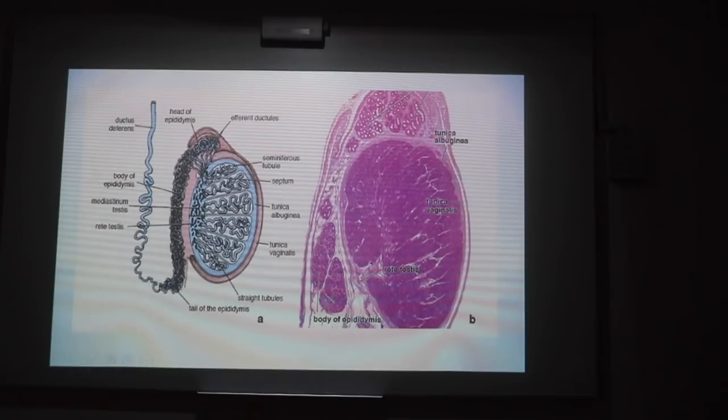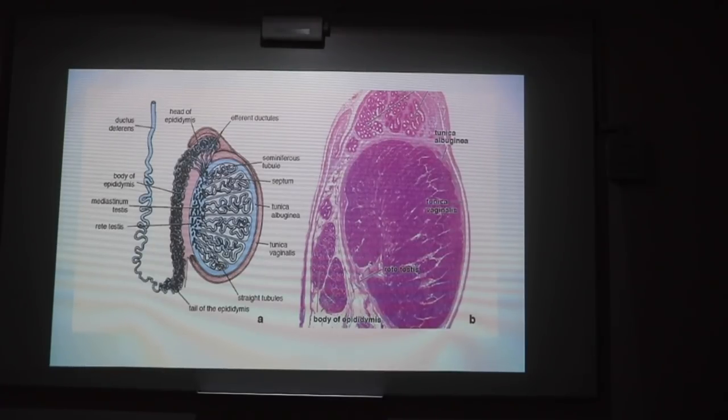This thickening of the tunica albuginea posteriorly is also called the mediastinum testis, because this is the place from where the ducts are going to go in or come out, or the vessels are going to go in or come out. So this posterior aspect of the testes, where the tunica albuginea becomes thickened, is called the mediastinum testis.